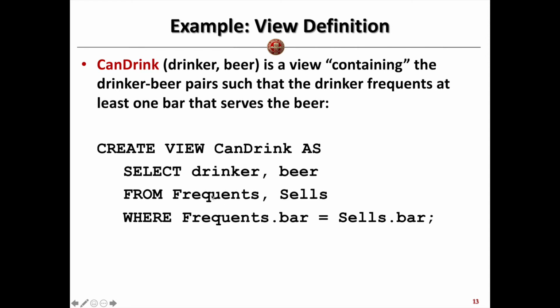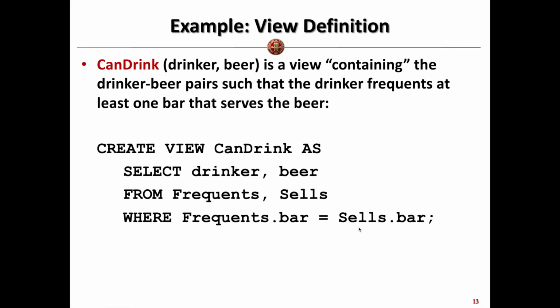So we can create a view as shown as follows. Create view CanDrink as select drinker, beer, because we require drinker and beer, right? Select drinker, beer from Frequents and Sells where Frequents.bar equals Sells.bar, semicolon.